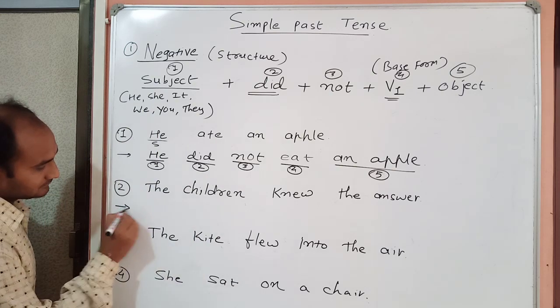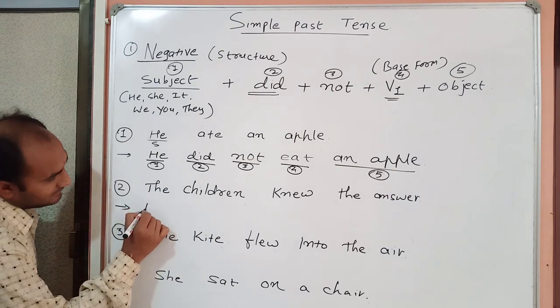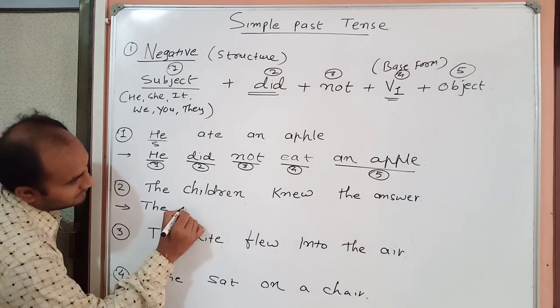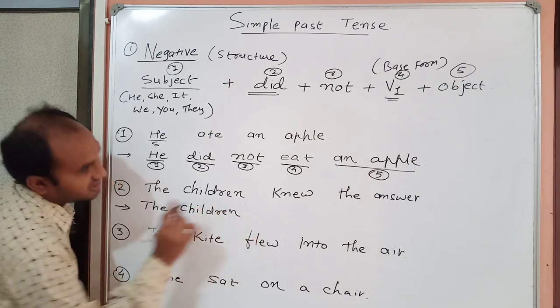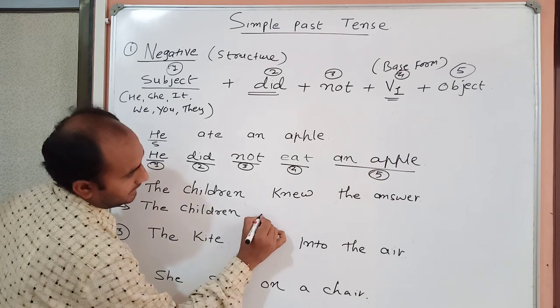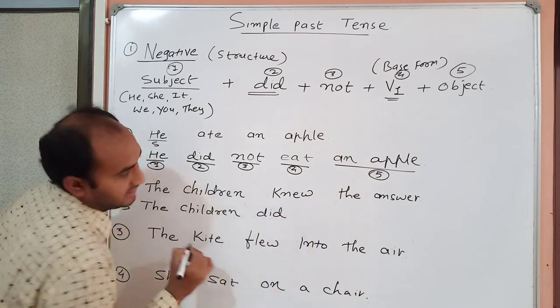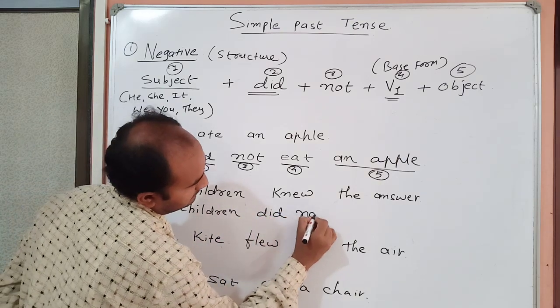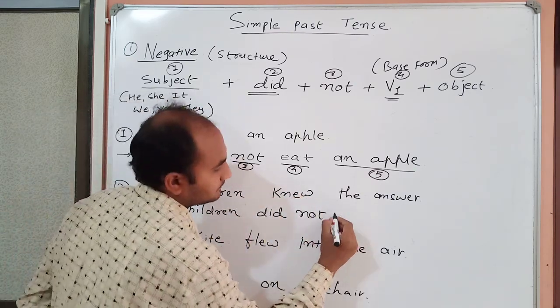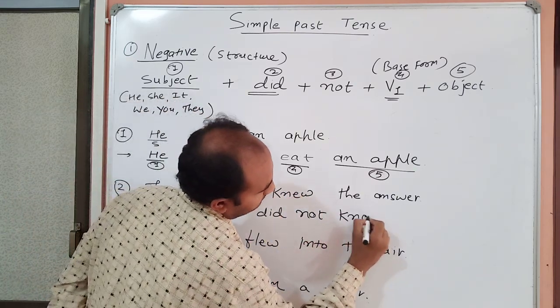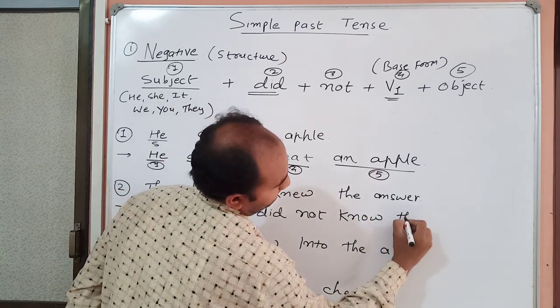Second one, give the answer to me. The children, subject, then did not. What is the base form of knew? Know.